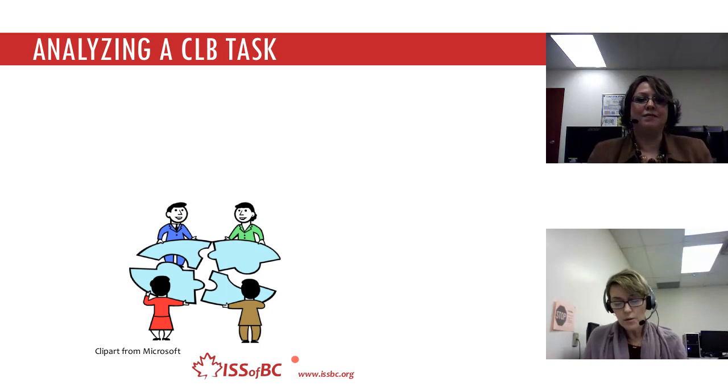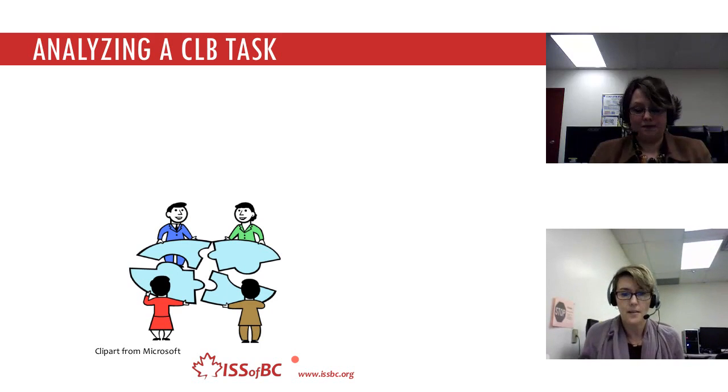From there, you can decide on the specific task that you're working towards that fits within the CLB parameters of that level. And so once you have an appropriate CLB task, you need to take it apart for all the elements that students need to be able to be successful at the tasks.